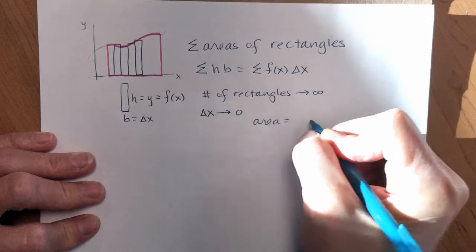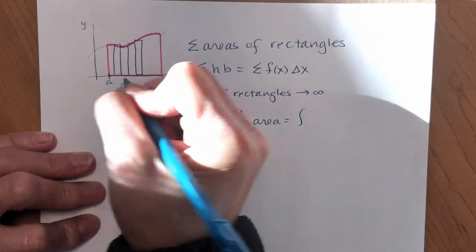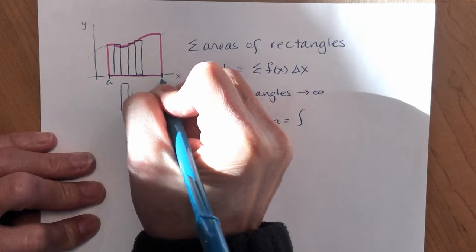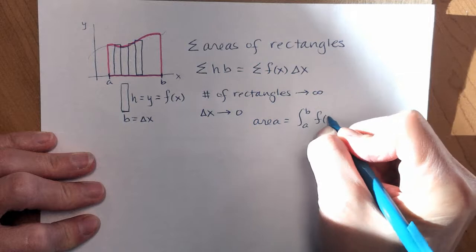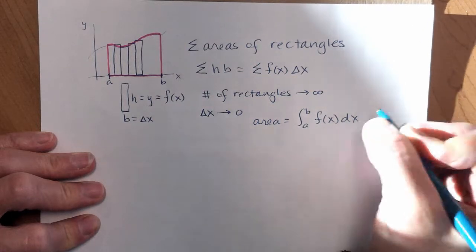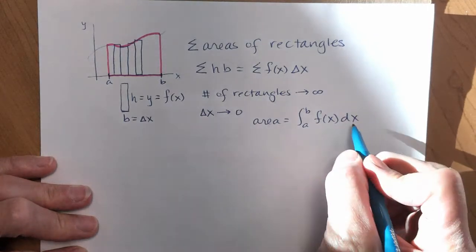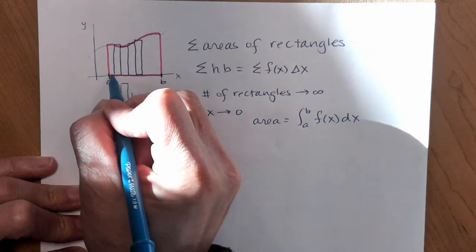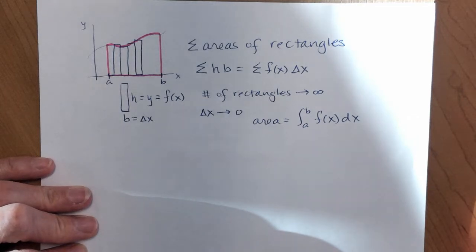The area is the integral from whatever our starting x value is to whatever our finishing x value is of f of x dx. Our delta x becomes our dx in our integral, which is just a tiny little bit of x that is our base. When we have an infinite number, it's infinitely small.